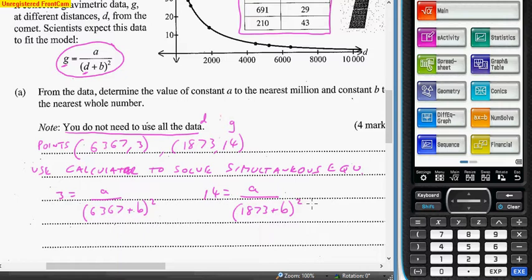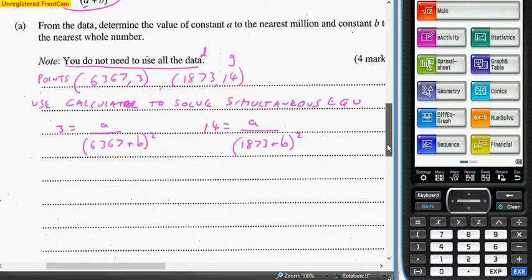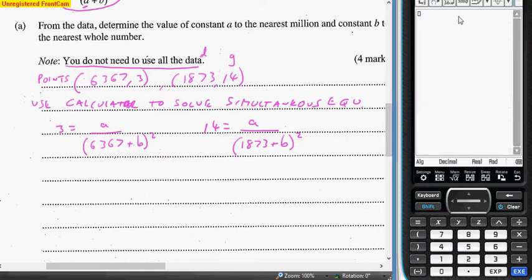So those are my 2 equations, just using the equation I've got and 2 pieces of data. You could clearly do this using any of the data you wanted. Now we can go over to the calculator and get the calculator to do it. So here's my main screen.